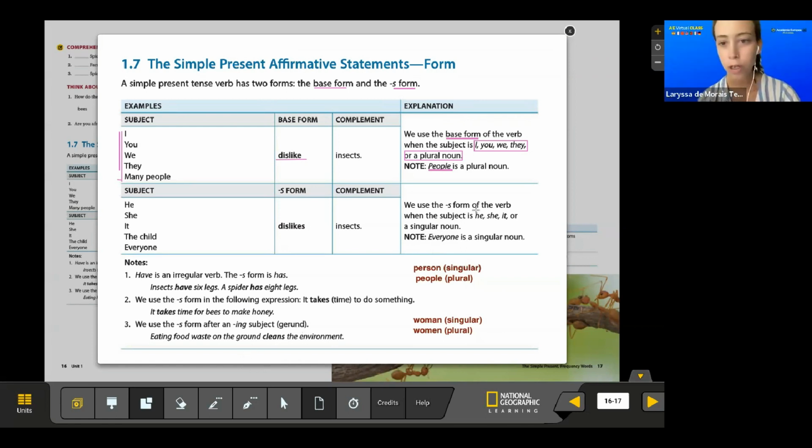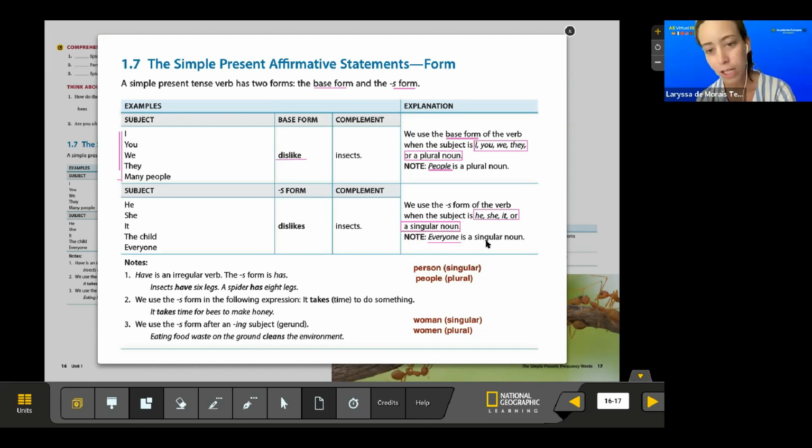So what's going on? Now we have he, she, it, or a singular noun. And here it's important to note that everyone is a singular noun, even though we are talking about a group of people, of a lot of people, everyone is a singular noun.